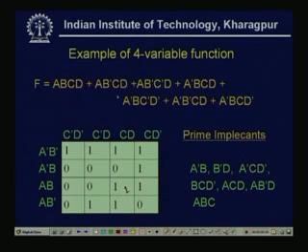AB bar CD, this is my second minterm. AB bar C bar D, this is my third minterm. Then AB bar CD, again it has come because it is already there. So, AB bar C bar D, take this one as AB bar C bar D. Okay. So, this is my fourth minterm.